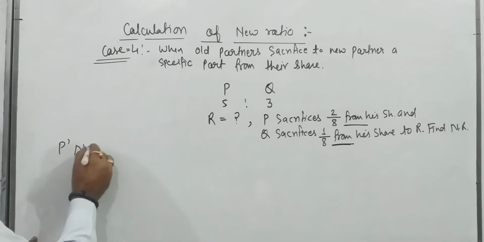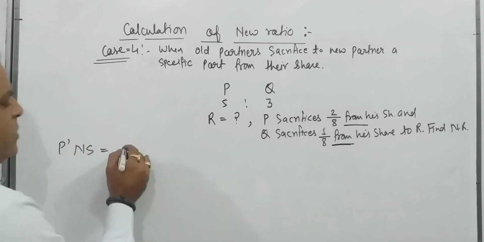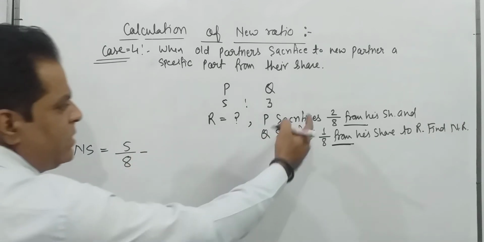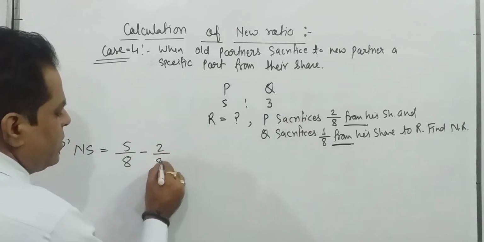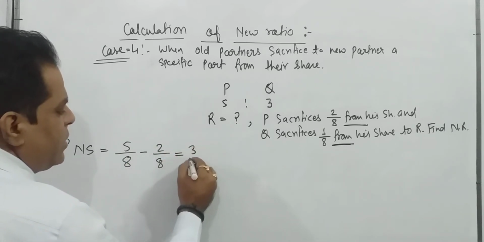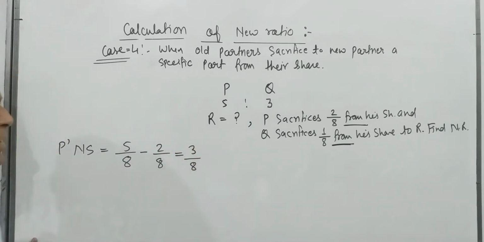P's new share. What is P's old share? 5/8. How much is P sacrificing? 2/8. So you will find P's new share is 3/8.